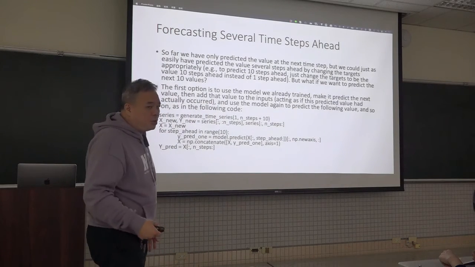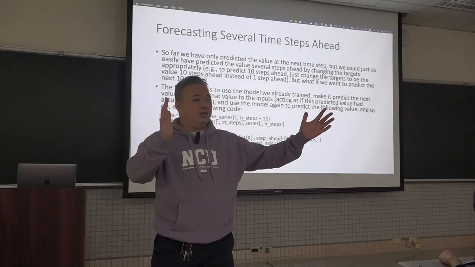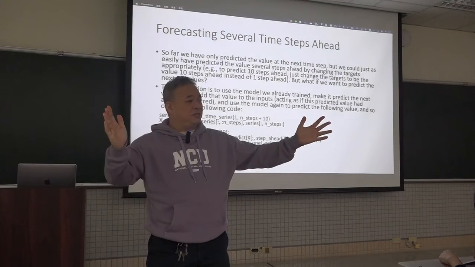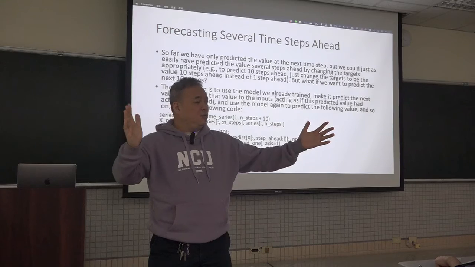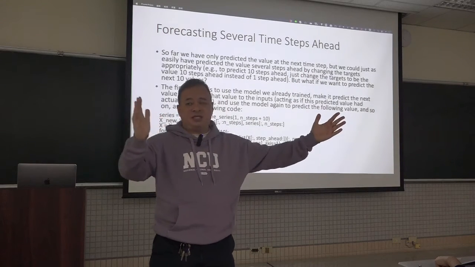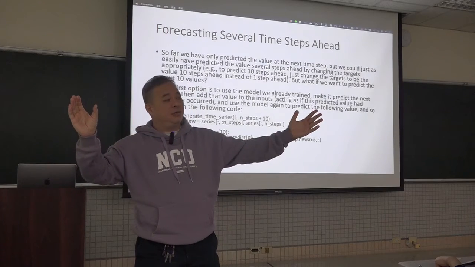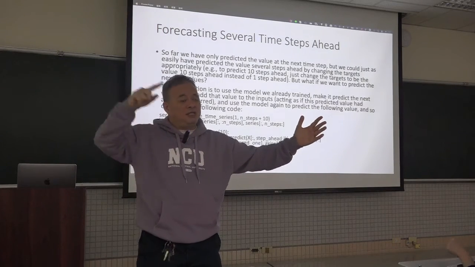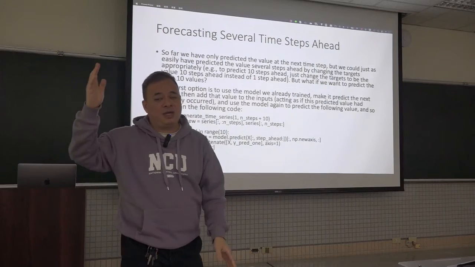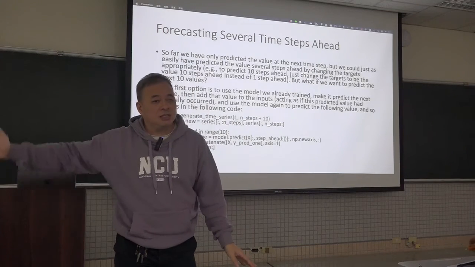A naive approach is that we predict one value first, and then use the previous 49 values and this new predicted value to predict the next value, right? And we can do this repeatedly 10 times, and then we can get the next 10 values.